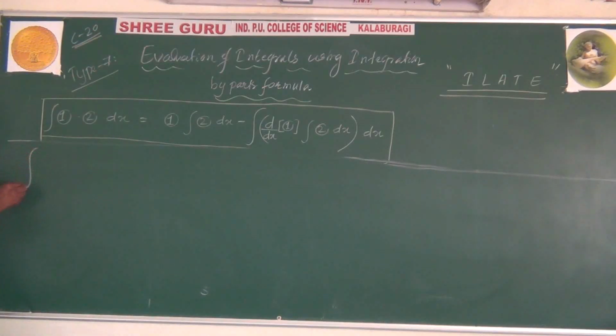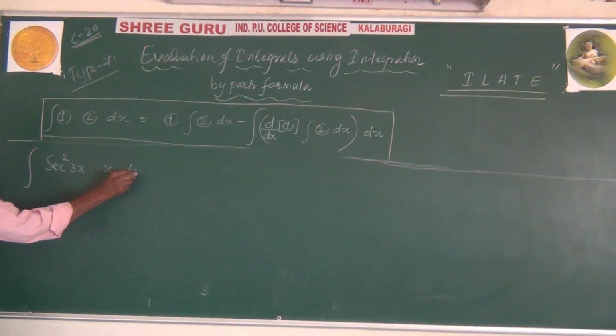Find integration of secant square 3x into x dx.